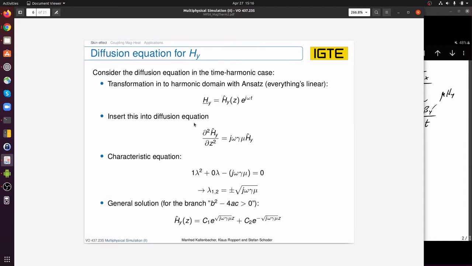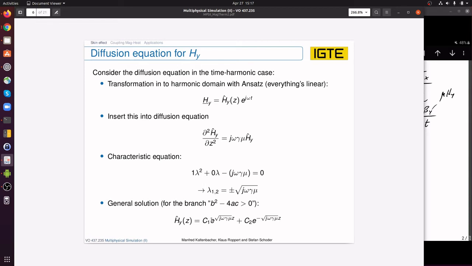We can identify the characteristic equation of this, let's call it complex diffusion equation, which is simply lambda squared is j omega gamma mu. So we have two roots of this characteristic polynomial, plus minus the square root of j omega gamma mu. Now the general solution of this second order ODE has two fundamental solutions.